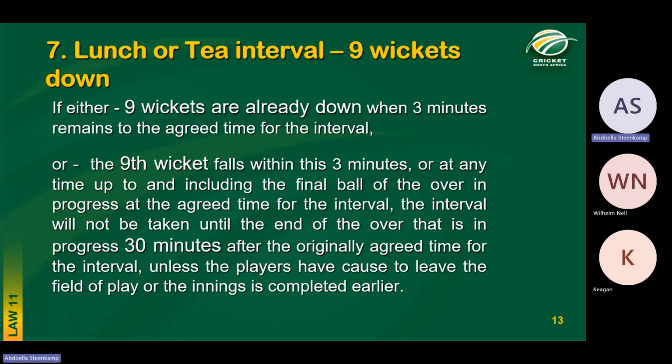So you allow the fielding side to try to take the 10th wicket, and let's say they take the 10th wicket at 15:10. What happens now? Now you take tea time. Tea will be from 15:10 till 15:30, and the 10-minute change of innings interval will be incorporated into our tea interval.